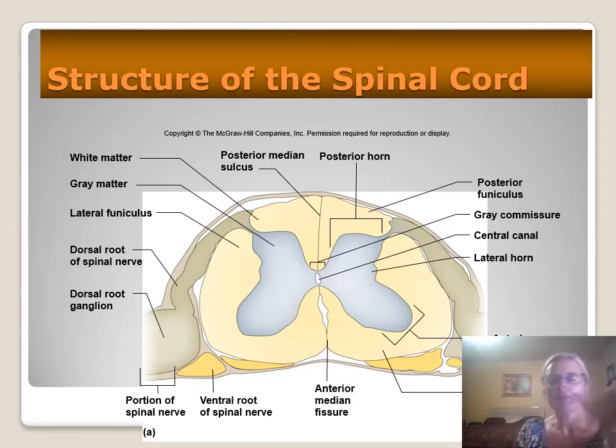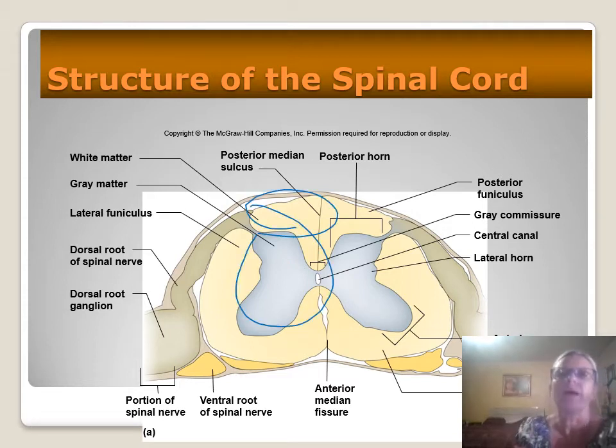When you're looking at these diagrams, you have to orient yourself to understand what you're looking at. This is a cross section of the spinal cord, so you are looking down at the inside structure of the spinal cord. We have some white matter and then some gray matter.